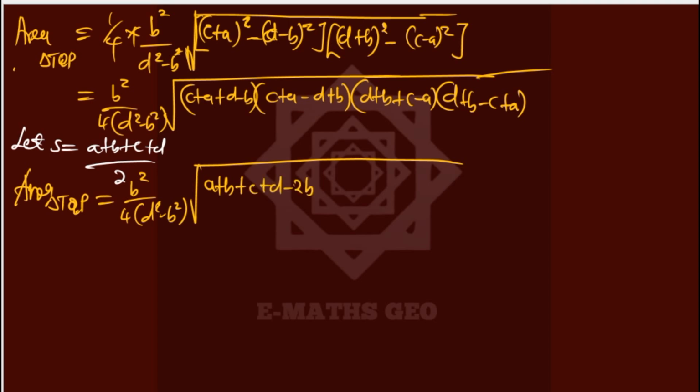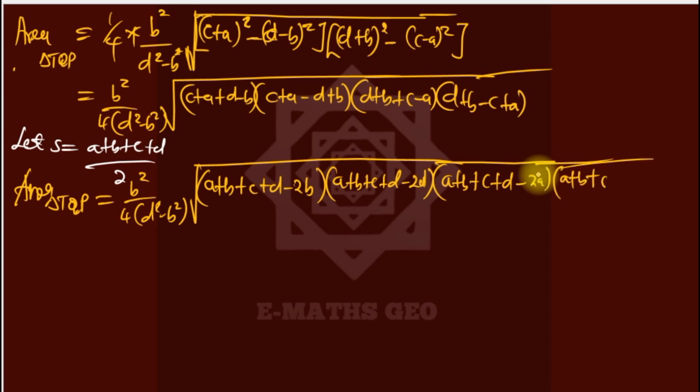Yes, because we have minus b, so b minus 2b is minus b, times a + b + c + d − 2d, times a + b + c + d − 2a, and finally a + b + c + d − 2c. So why do I do this? So that we'll bring in this x.